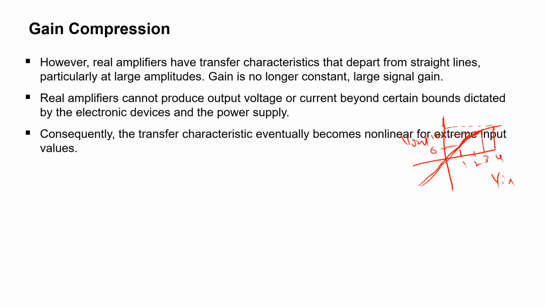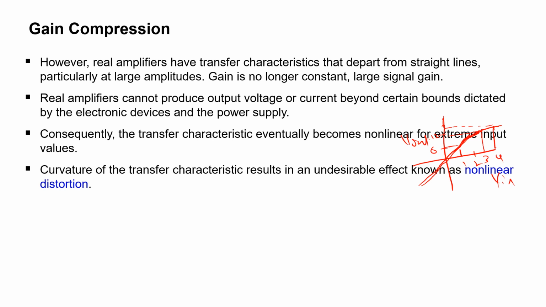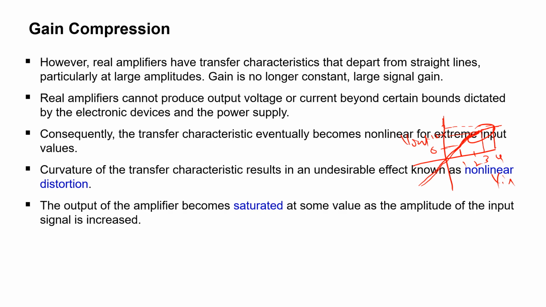Consequently, the transfer characteristics eventually become non-linear for extreme input values. The curvature of the transfer characteristics results in an undesirable effect known as non-linear distortion, that is this area. The output of the amplifier becomes saturated at some value as the amplitude of the input signal is increased.